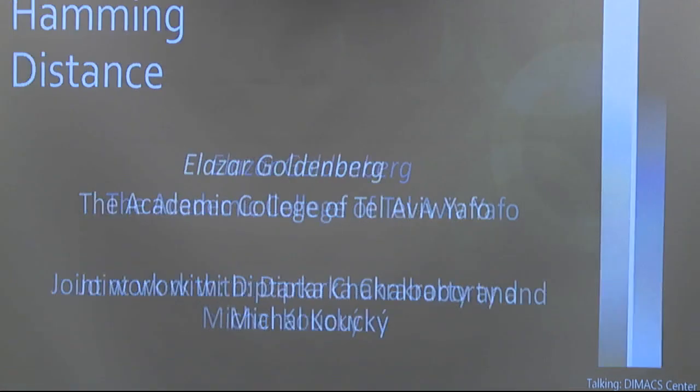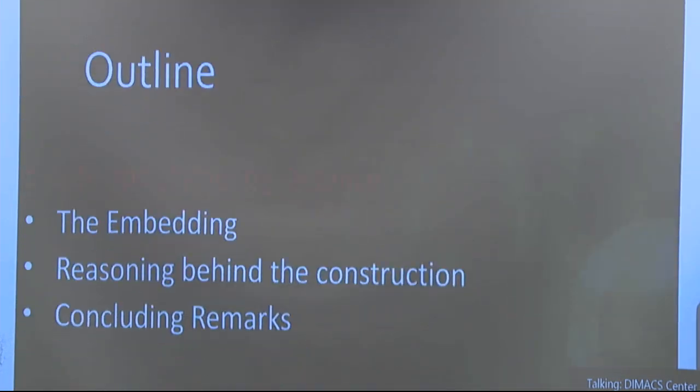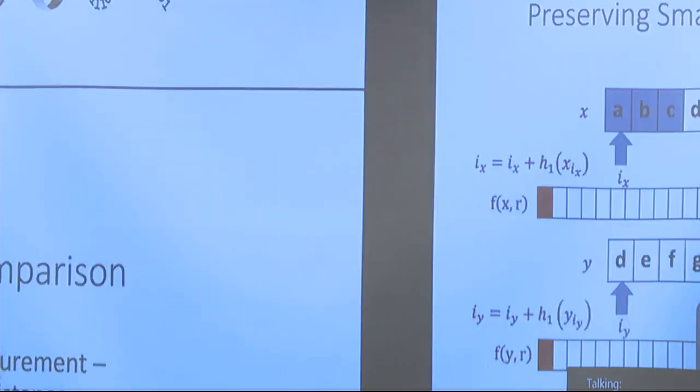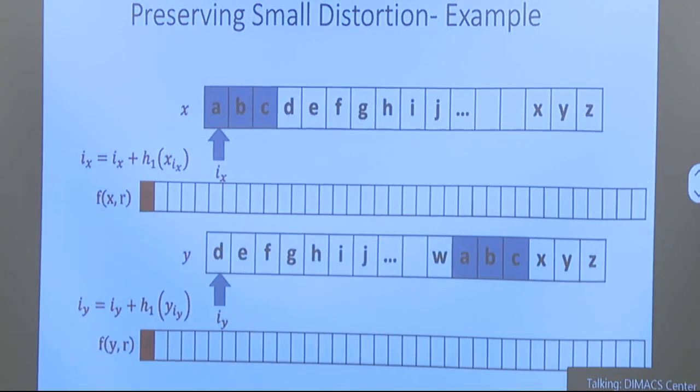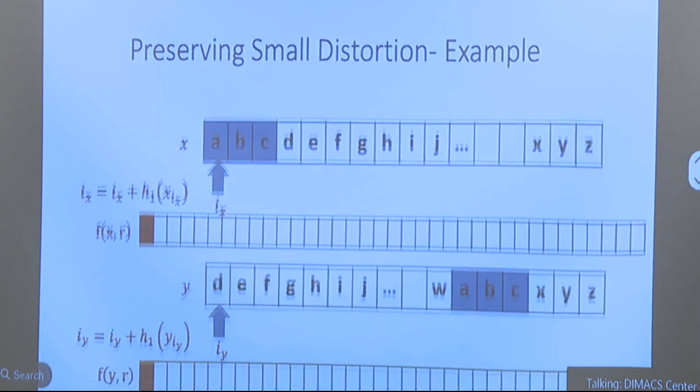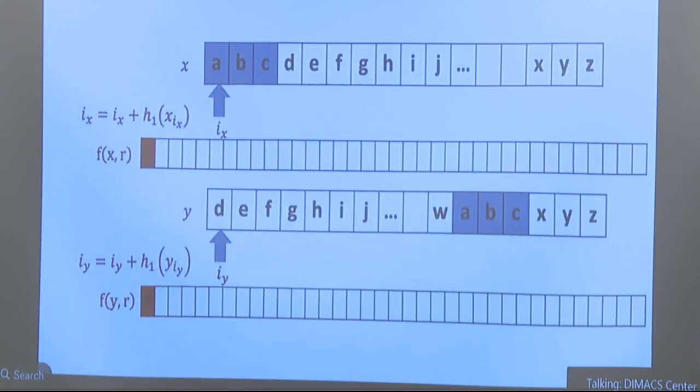Then what happens next? Now we are going to increment I of x and I of y. But when we increment them, is there any relation between these incrementations? That's the reason we use this random function.